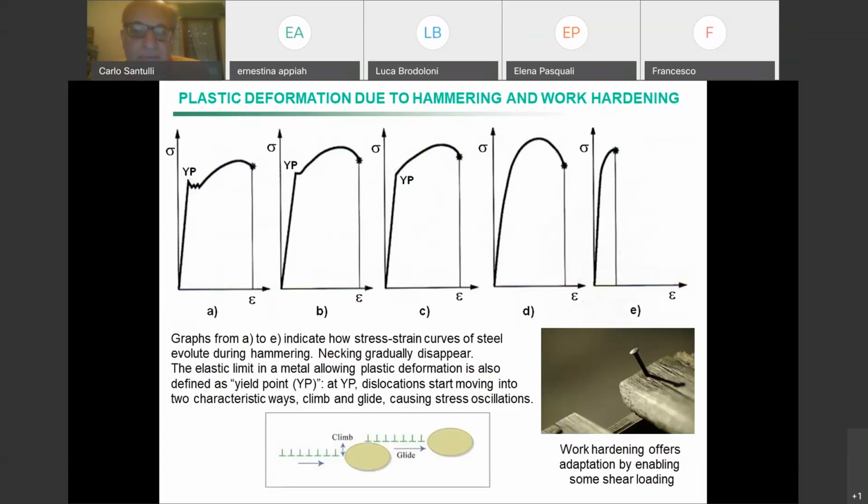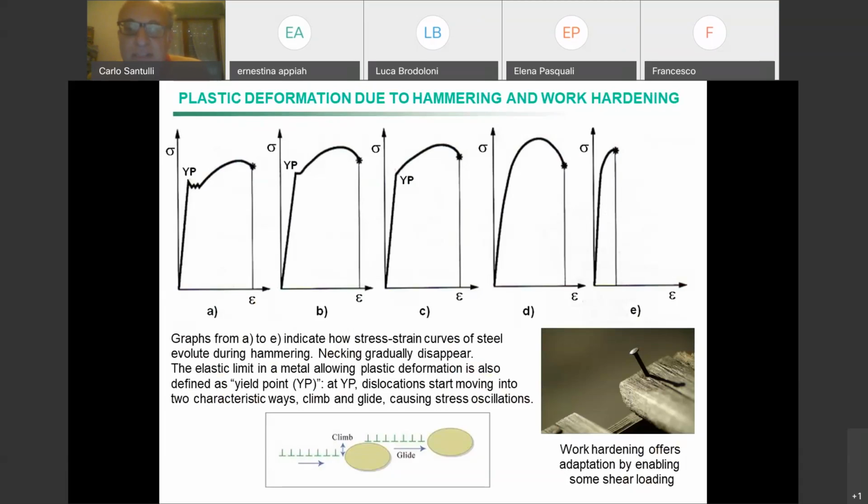So you can imagine that a row of cations climbs over another row of cations, or another one glides over it. So these are the two modes. Of course, as always, in most cases you have a mix of the two modes.